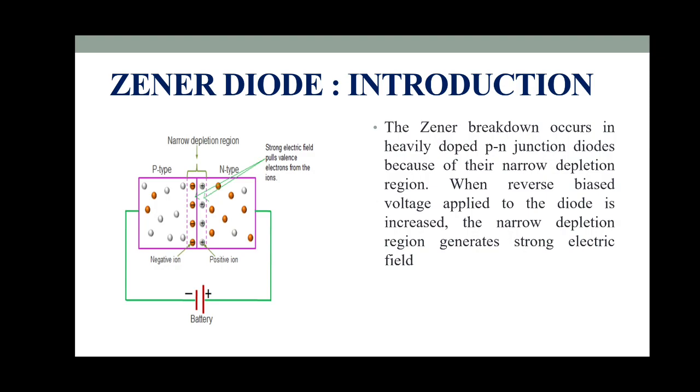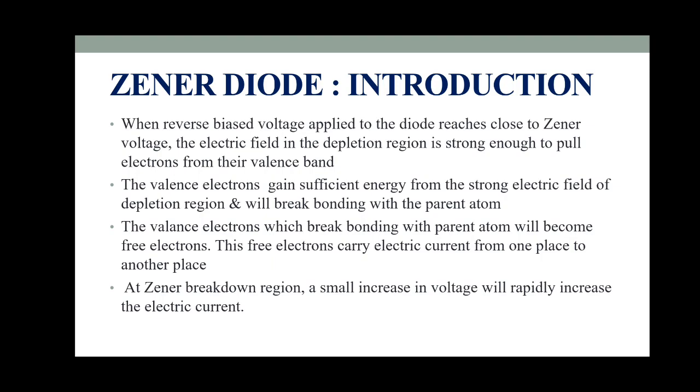The Zener breakdown occurs in heavily doped PN junction diodes because of their narrow depletion region. When the reverse bias voltage applied to the diode is increased, the narrow depletion region generates a strong electric field. So this is the depletion region, you all know that. When the reverse bias voltage applied to the diode reaches close to the Zener voltage, that is Vz, the electric field in the depletion region is strong enough to pull electrons from their valence band.